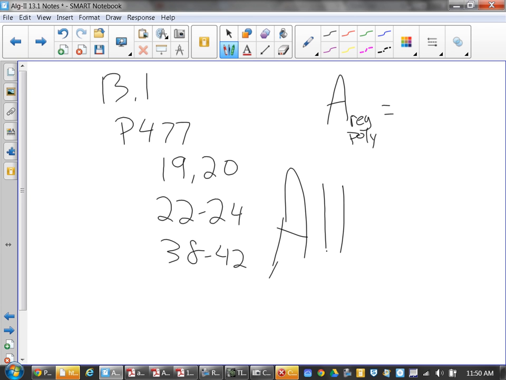Do you remember this? One half perimeter apothem? Yes, the apothem. Did he say apothem? He said it, half the perimeter times the apothem.